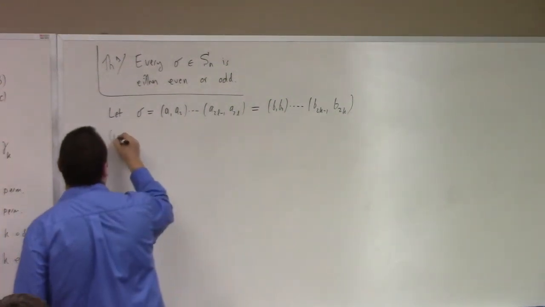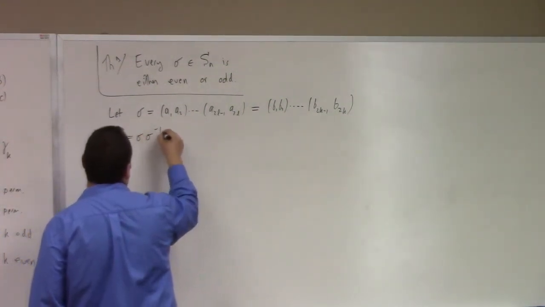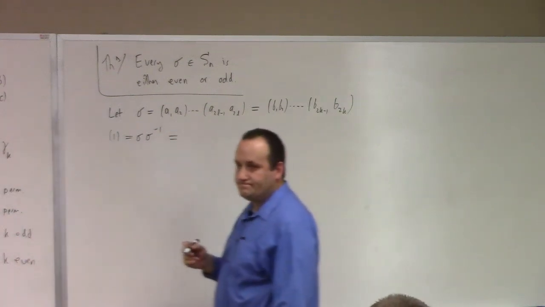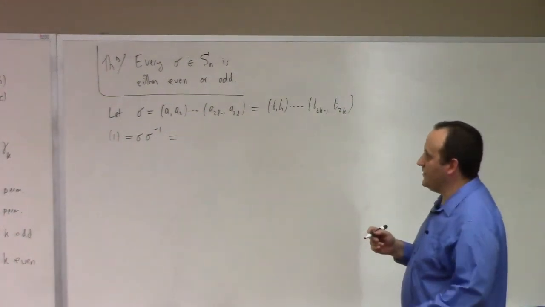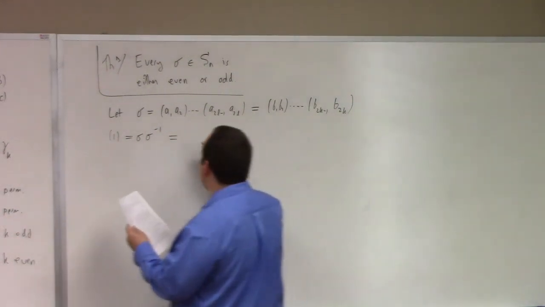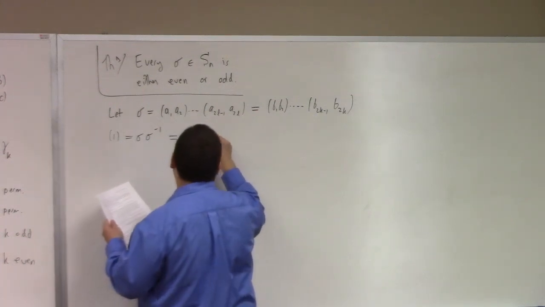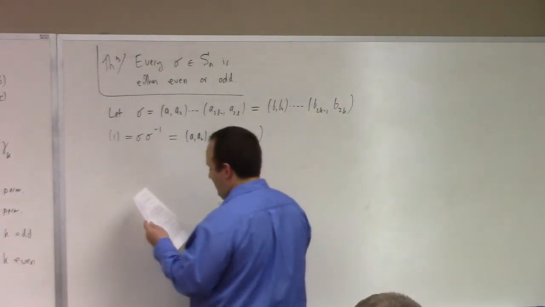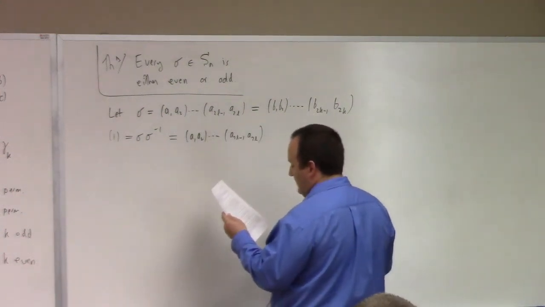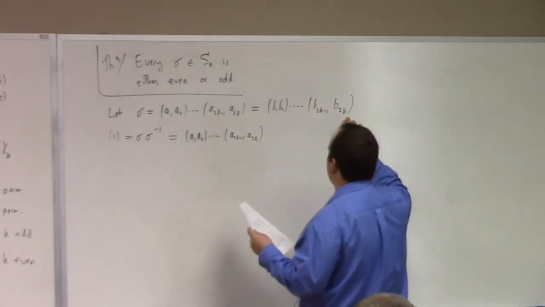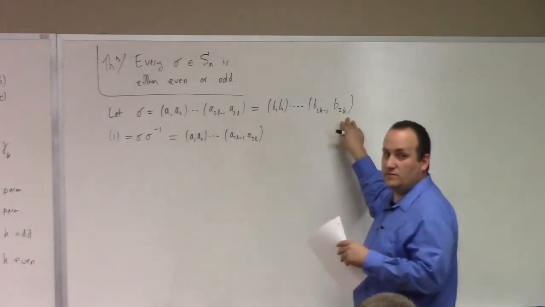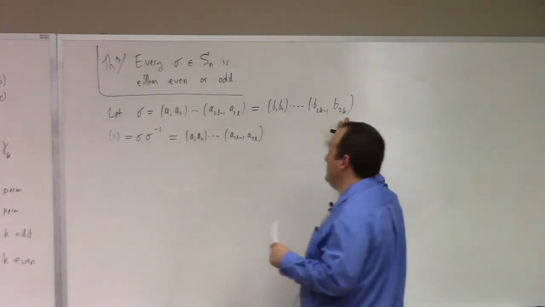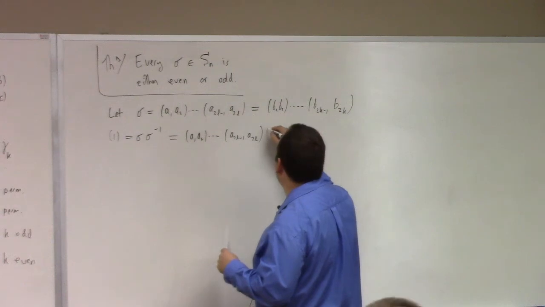So the identity is sigma times sigma inverse, right? And sigma we can write in terms of the a's. And sigma inverse we can write in terms of the b's. I'm going to go ahead and use the extended socks-shoes rule, which you can prove by induction if you like.